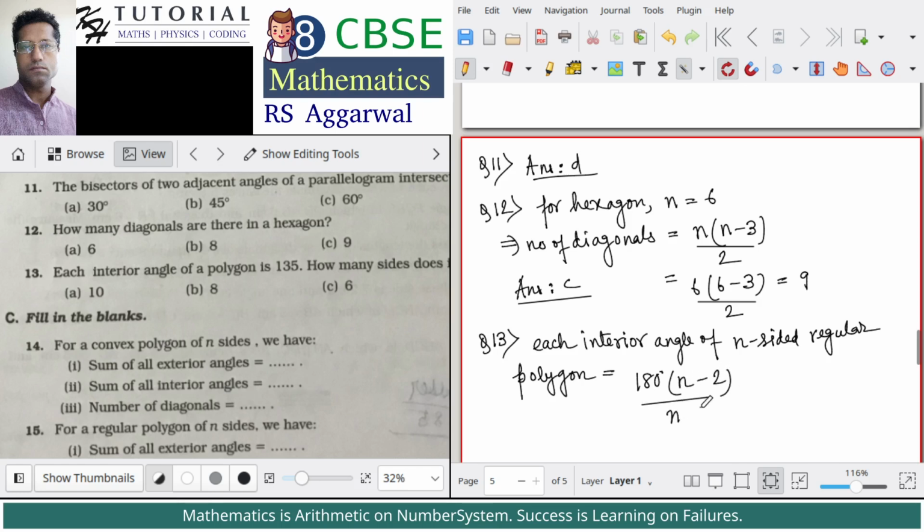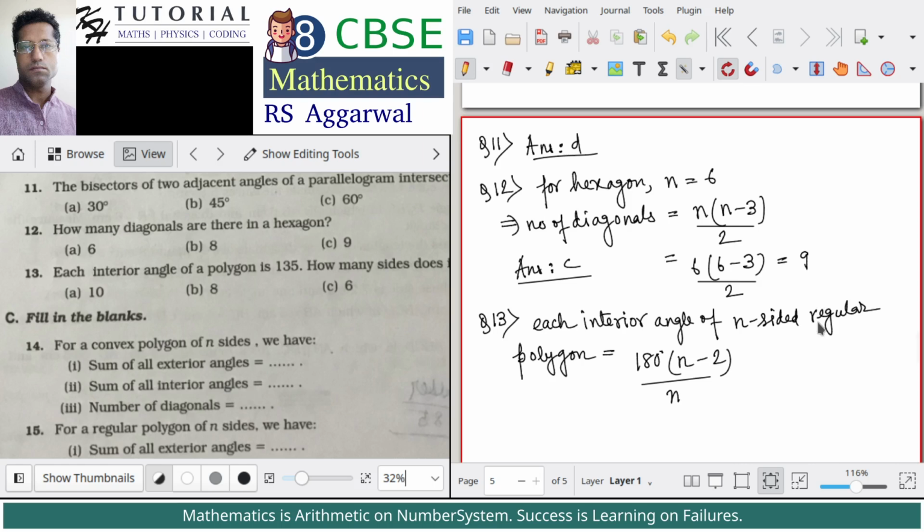This is a formula for the measure of each interior angle of a regular polygon of n sides. Since it is given that each interior angle of the polygon is 135 degrees, the polygon must be regular, as all its interior angles are equal. Only in a regular polygon are all the interior angles equal and also all the exterior angles equal.